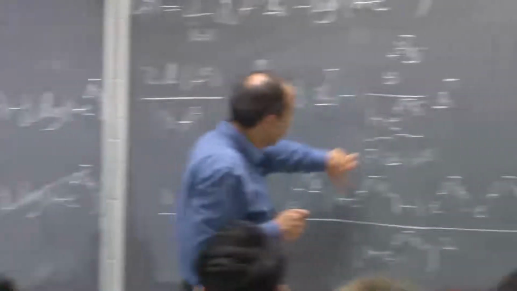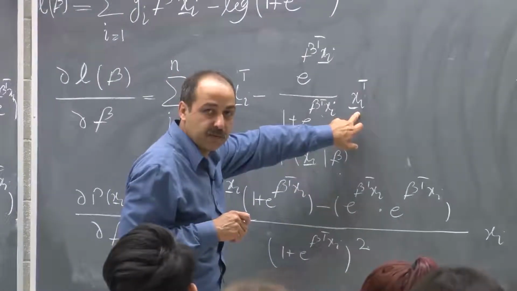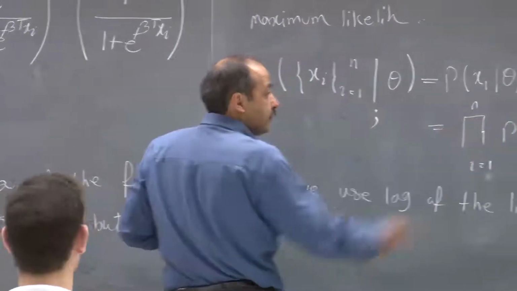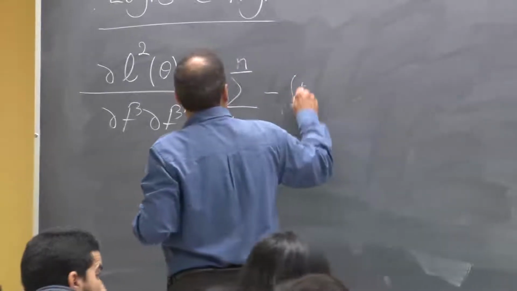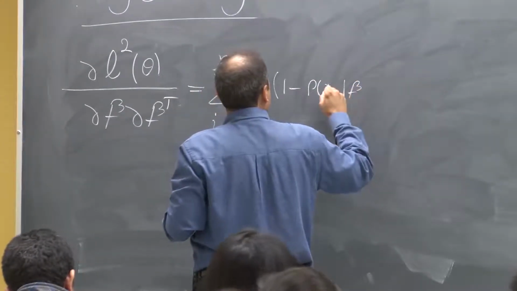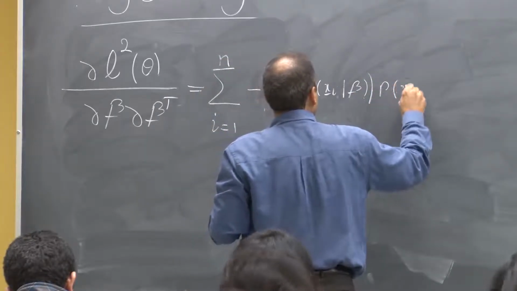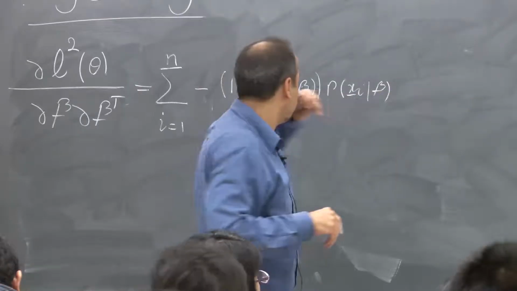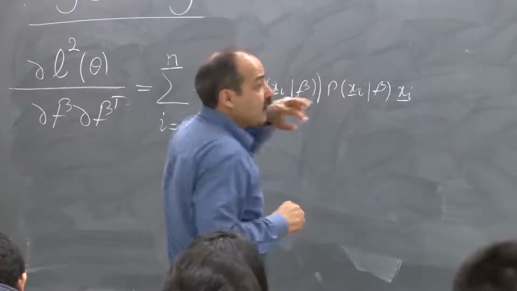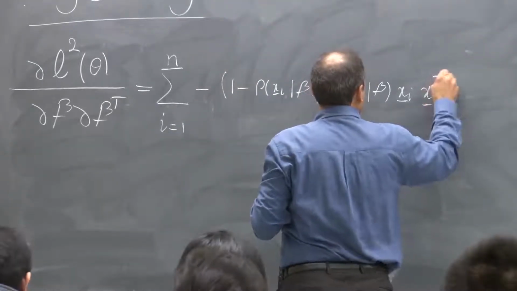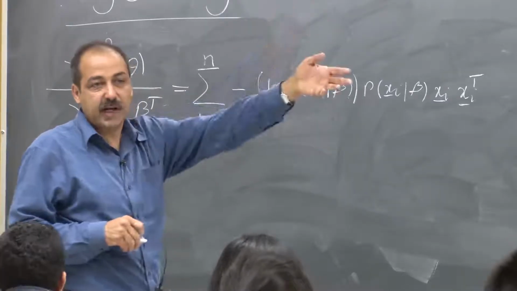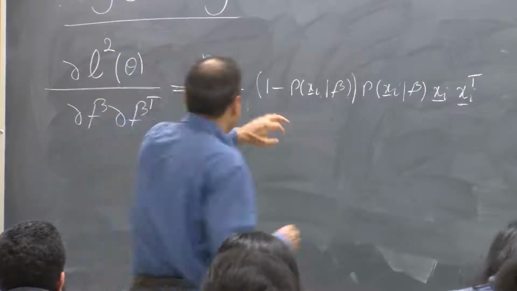Minus the derivative of this, beta times xi transpose, which would be the derivative of this fraction times xi plus the derivative of xi times this fraction. The derivative of this fraction we just computed. So it's minus 1 minus p(xi given beta) times p(xi given beta). That's the derivative of the fraction, and it has xi times xi transpose. Derivative of the fraction times xi transpose plus the derivative of xi transpose with respect to beta, which is 0, times the fraction. So that's my derivative.